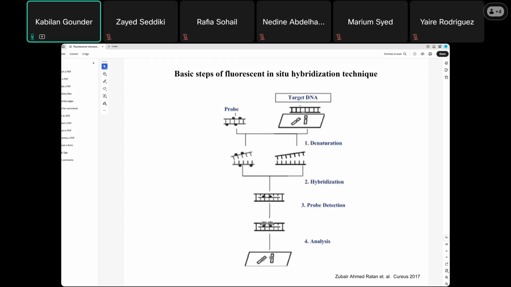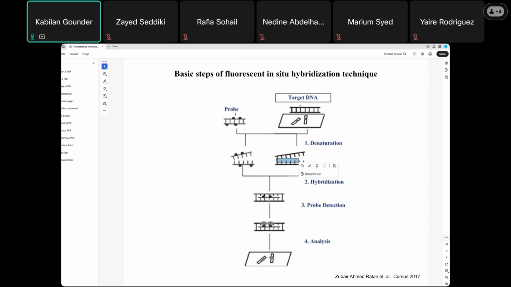Once you denature the target and the probe, they will be detached, and then the probe will go and bind to the target DNA. For example, you can look at it here, the hybridization technique.